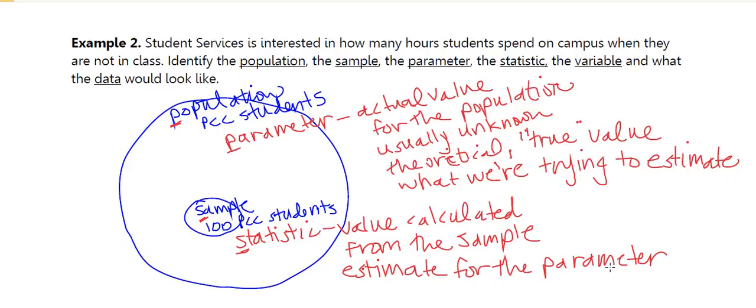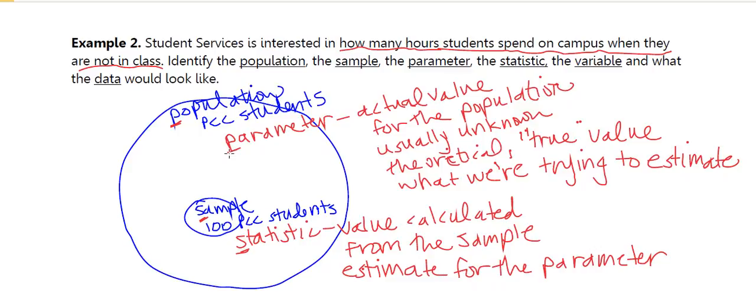So let's read the question again. Student Services is interested in how many hours. So let's really get specific about this. How many hours students spend on campus? So this is actually the variable. How many hours? How many hours of what? How many hours students spend on campus when they are not in class? When they're not in class, okay?